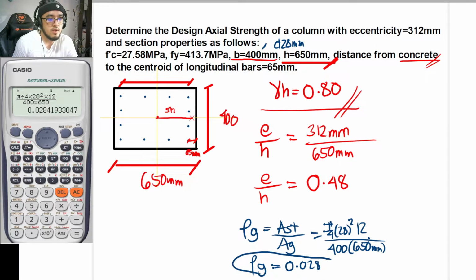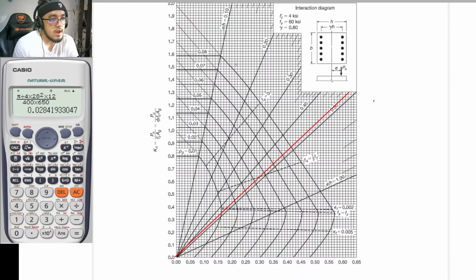Okay, so this is now to be our rho g. So in here, guys, we have a rho g for 0.02. So basically, guys, this is to be the line for 0.02, or I mean the curve point for 0.02. And this is now to be the line for 0.03.